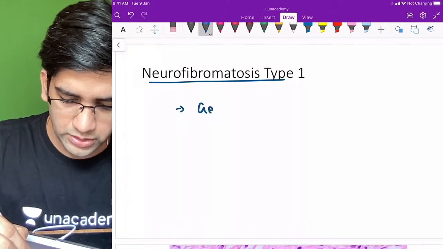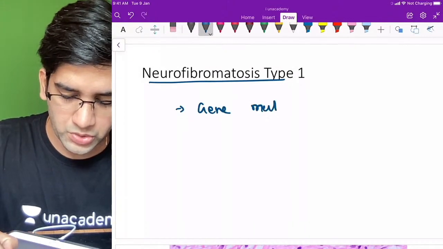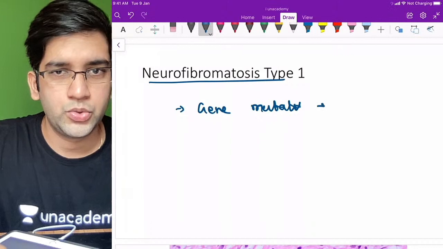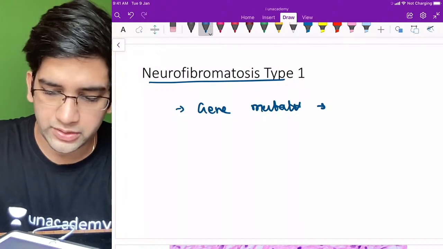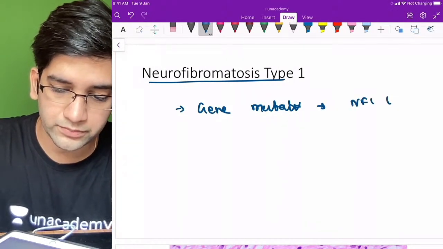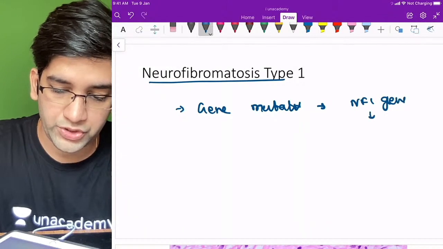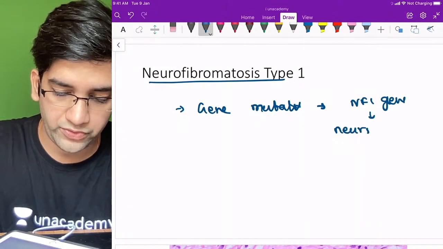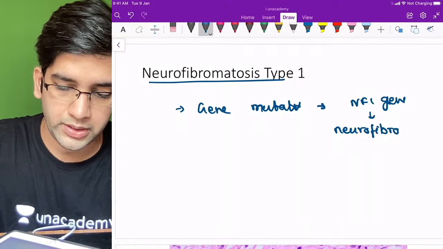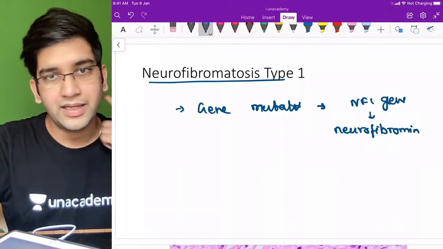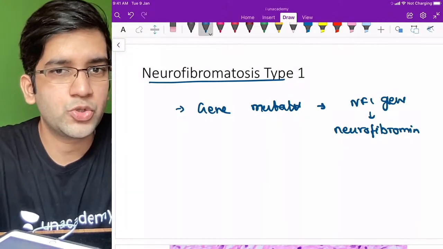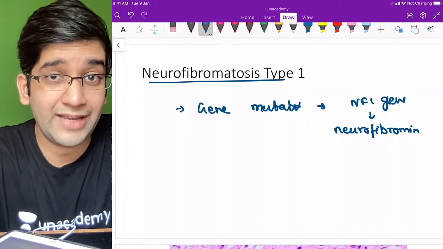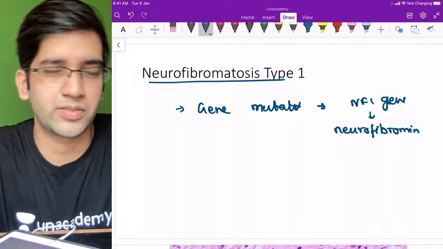You have your NF1 gene, the NF1 transcript, which codes for neurofibromin. This NF1 neurofibromin is a protein which is going to be mutated. Neurofibromin is actually a tumor suppressor gene.